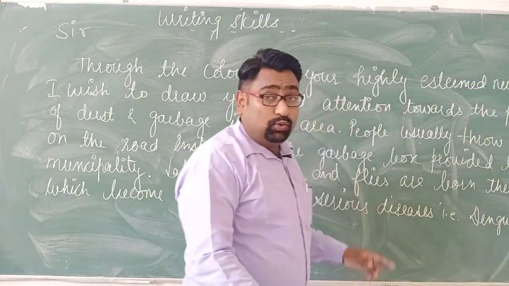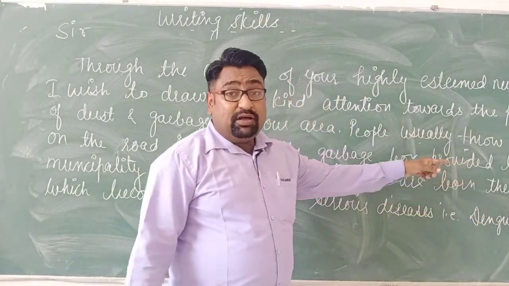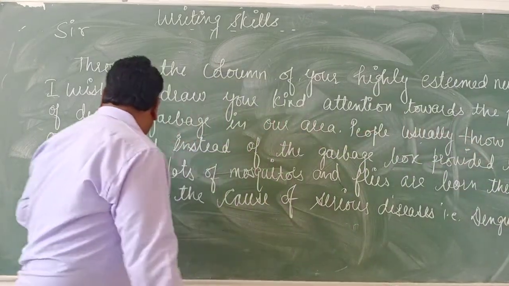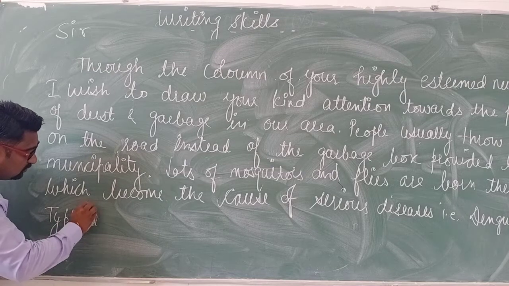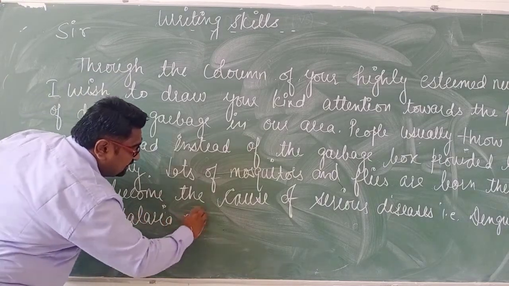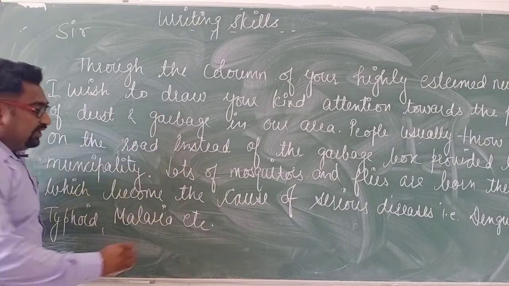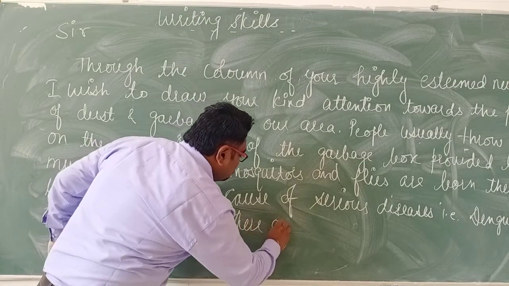It's not dengue, it's dengue. Clear? In writing D-E-N-G-U-E, but pronounce the word dengue. Dengue, comma, typhoid, malaria, etc. Clear?